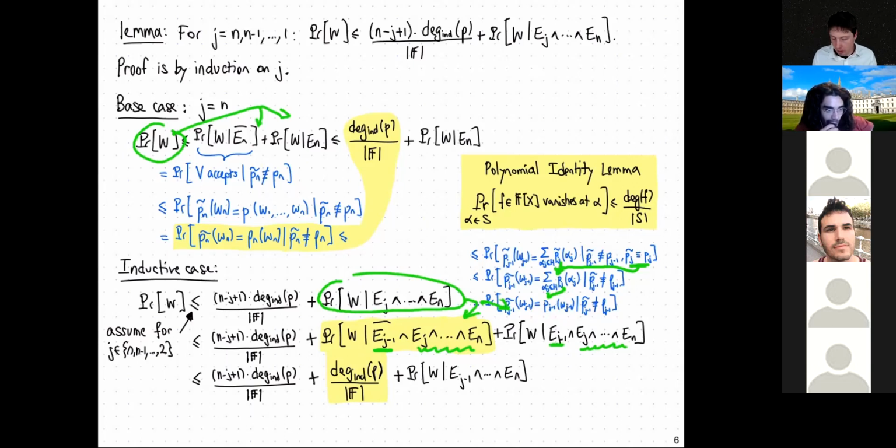Now, crucially, notice that these are two polynomials evaluated at a random point, because the prover first sends pj-1 tilde, and then it sees omega j-1. So we're implicitly using here the fact that there is an order to the messages, of course. That's why there are rounds. The prover first sends pj-1 tilde, then it sees omega j-1. That is why we can invoke the polynomial identity lemma, okay?